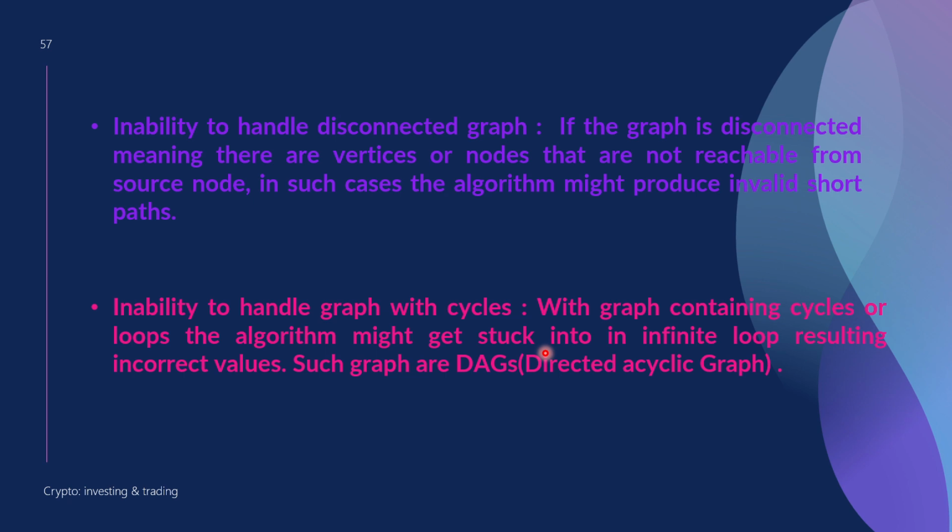Up next is inability to handle graphs with cycles. Now think of a graph that has four nodes connected to each other, where one of the nodes is connected to the source node and another node is connected to the destination. Now the source node, which is connected to that cyclic loop of four nodes, has started traversing.